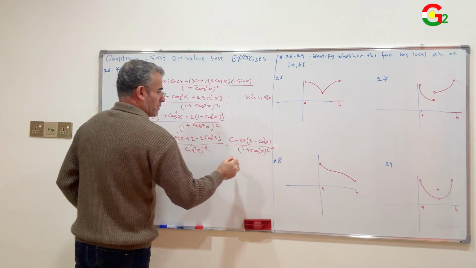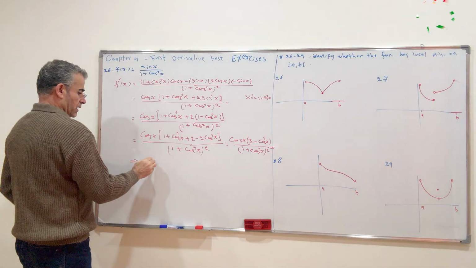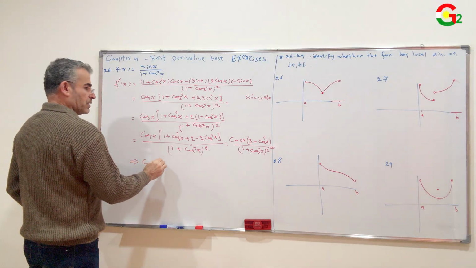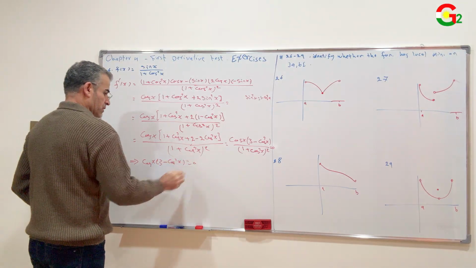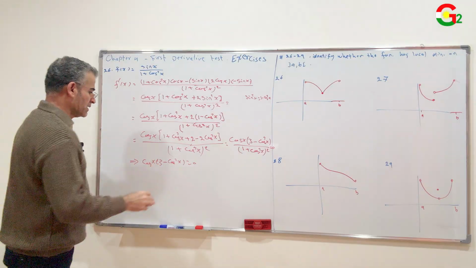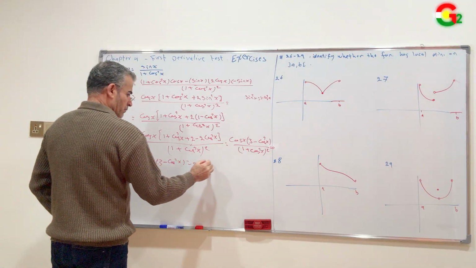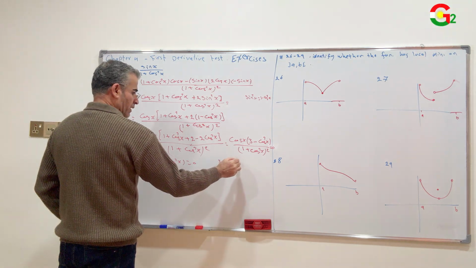Set it equal to 0. By cross multiplication, cosine x times 3 minus cosine square x equals 0. The factor 3 minus cosine square x is never 0.